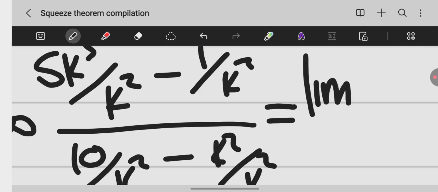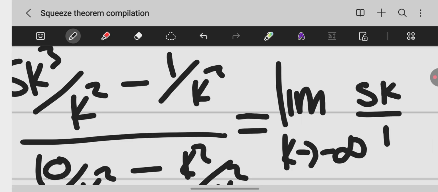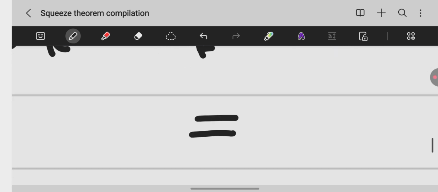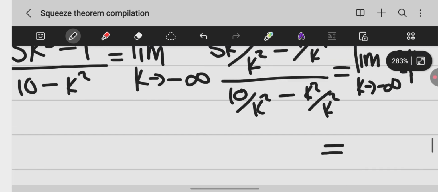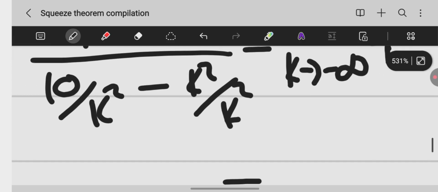This would give you the limit as k approaches negative infinity of 5k over 1, or negative 1 rather, which solves to, let me see, because we no longer have a variable on our denominator, we can just substitute in the negative infinity.